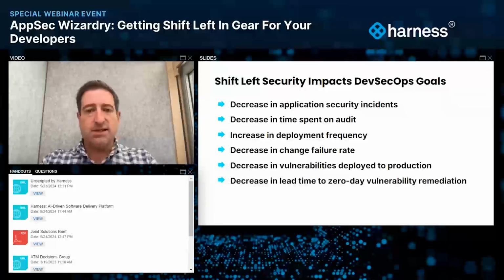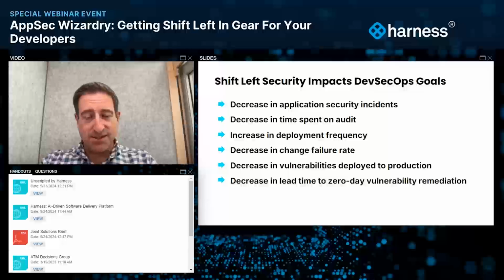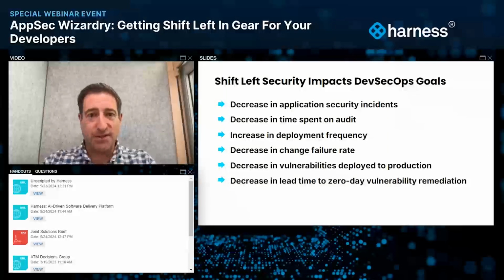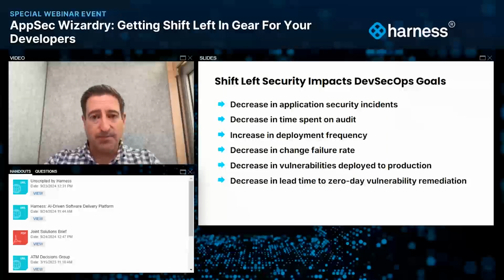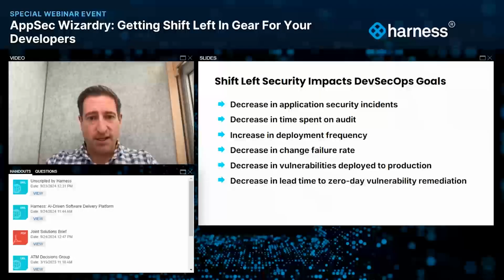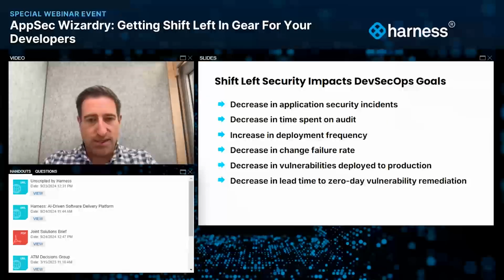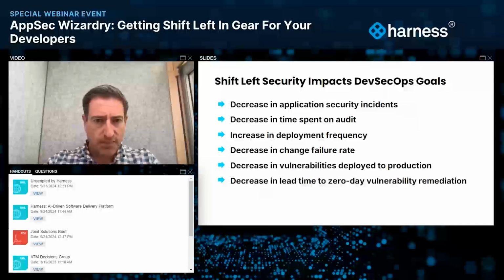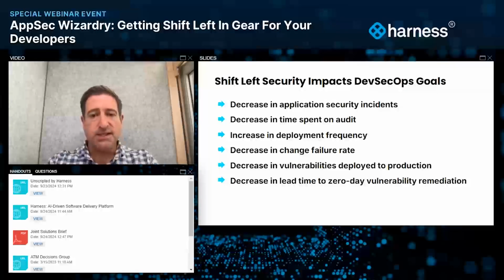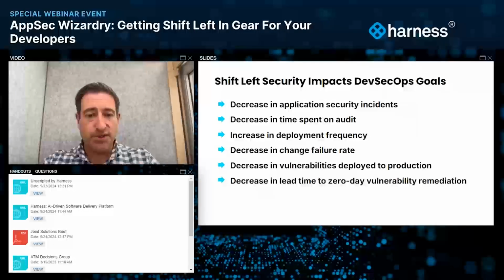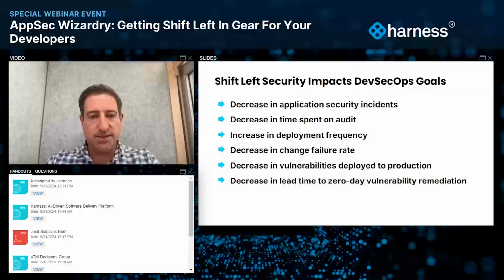Obviously, you want to decrease the number of security incidents that you find in production applications, decrease the amount of time you spend on audits, and increase your deployment frequency. That totally makes sense. You ultimately want to see a decrease in change failure rate. The number of vulnerabilities that actually get deployed to production will go down through these practices. So it's good to set goals along those lines as well.